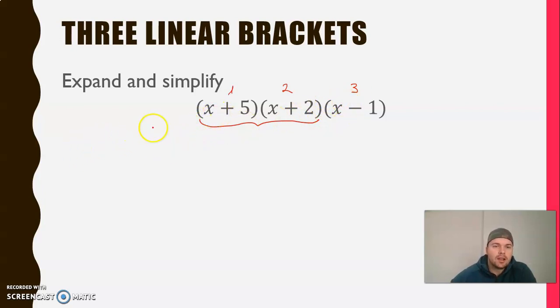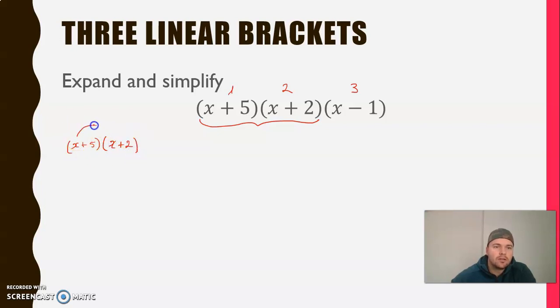If you have seen my previous video, you should know how to expand a double bracket, either using FOIL or using geometry, or just do them in order like I do. So x plus 5 times x plus 2.